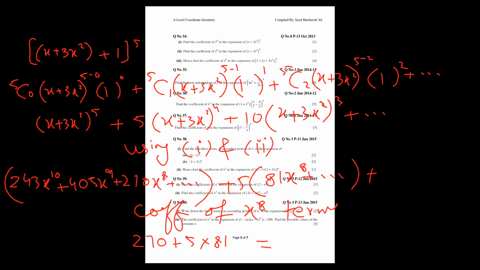So this will give us the coefficient, and let me check, 270 plus 81 times 5. And this is my final answer, 675, which is the coefficient of x to the power 2, sorry, x to the power 8. So this is where I got the answer, the coefficient of x to the power 8. That is my 4-mark question. Alhamdulillah, I think you got the idea very well.